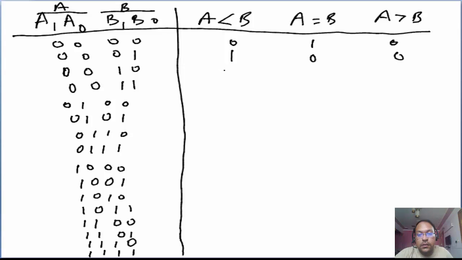In the third case, the number A is 0 0 and the number B is 1 0. So clearly again number A is less than number B. So we are going to have 1 here, 0s here, and finally here also 1 here, 0 here.